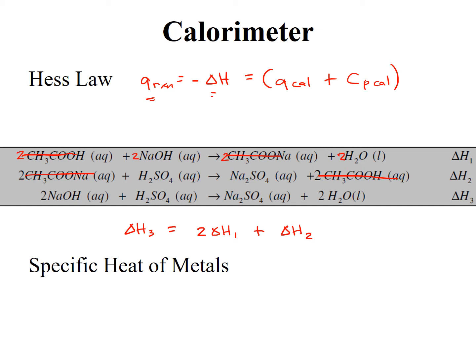Now the last part of the experiment is that the specific heat of a metal can be measured also using a calorimeter. So what you're going to do is take a weighed quantity of metal, heat it to a known temperature, and then pour it into the calorimeter containing a known mass of water at a known temperature. The water and the calorimeter would absorb the heat from the metal.